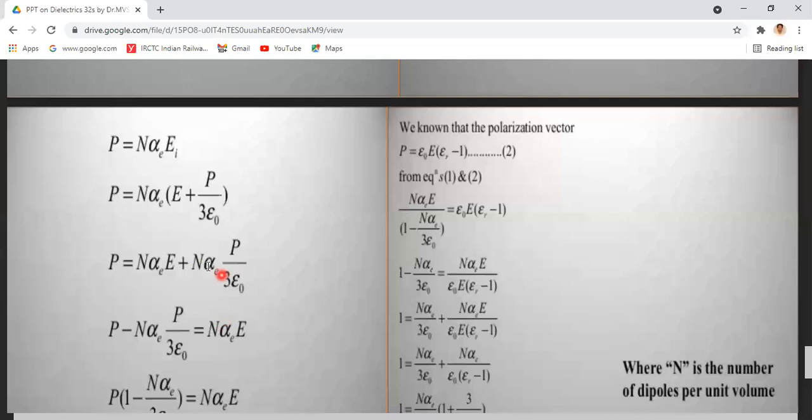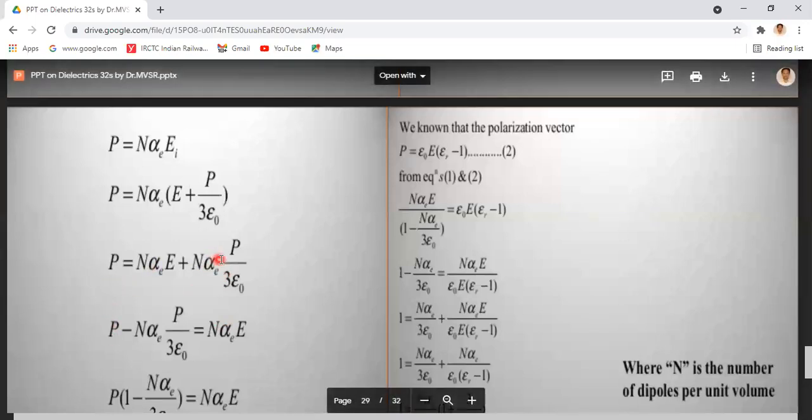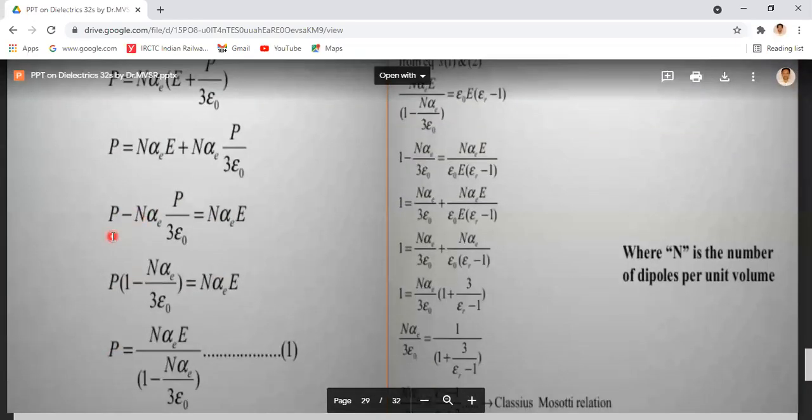Here this term goes to the left hand side, by taking P common in both terms. So P minus N alpha E P by 3 epsilon naught is equal to N alpha E into E bar.